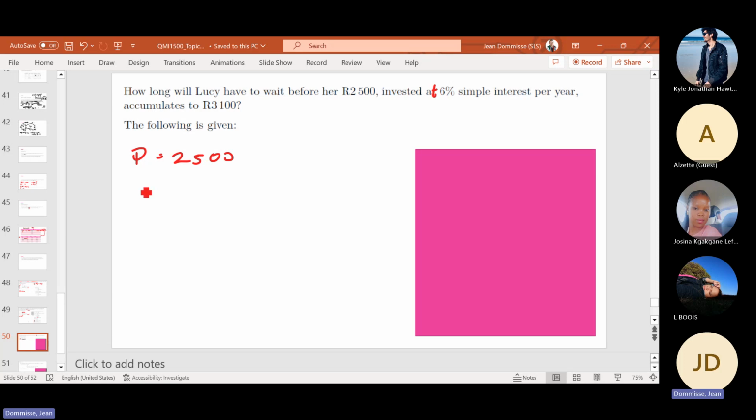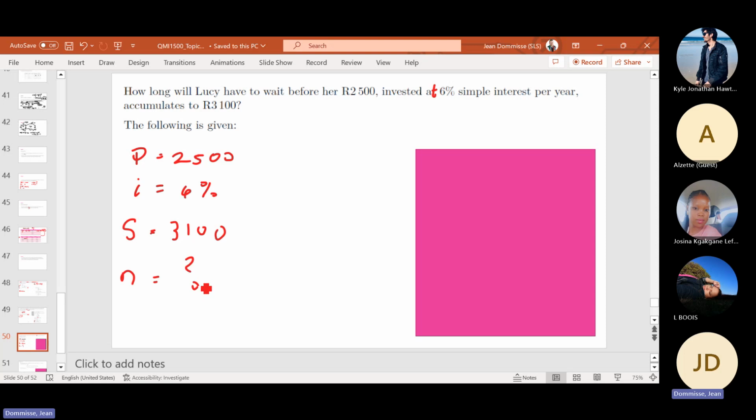We've got the interest, which is 6%. We've got the end amount, which is 3,100. And we need to work out how long.